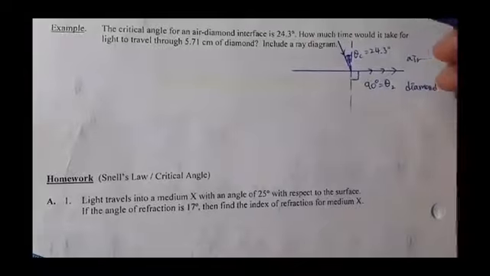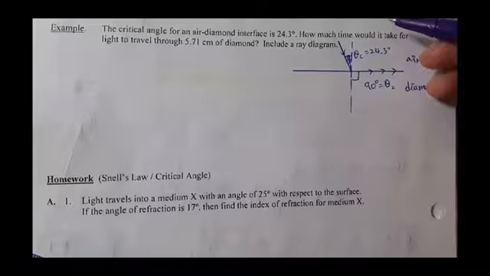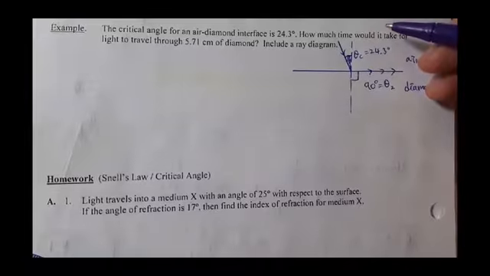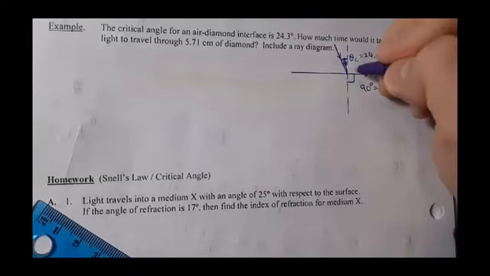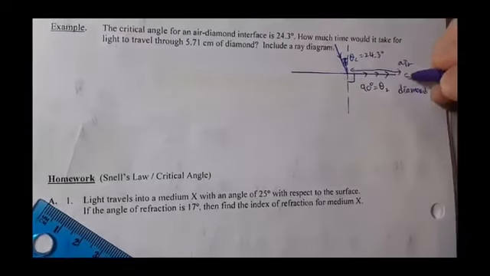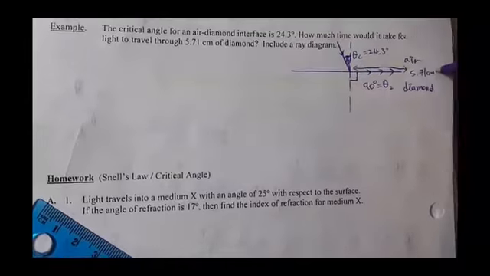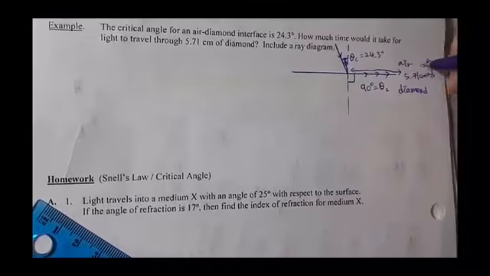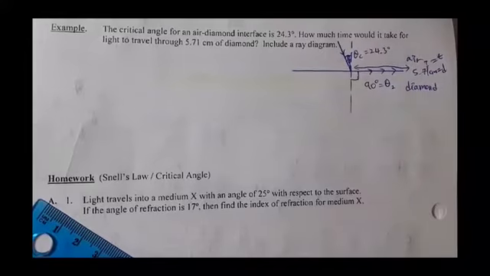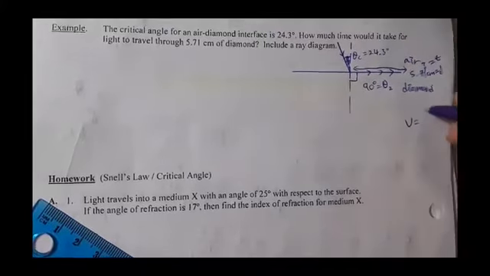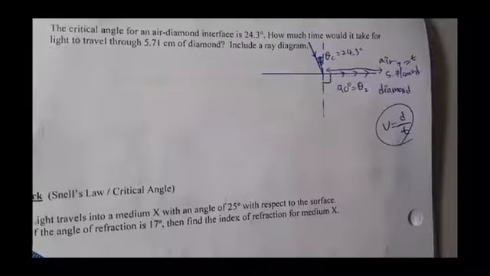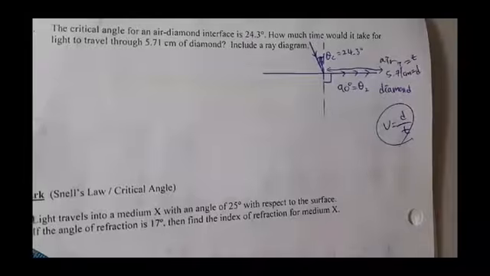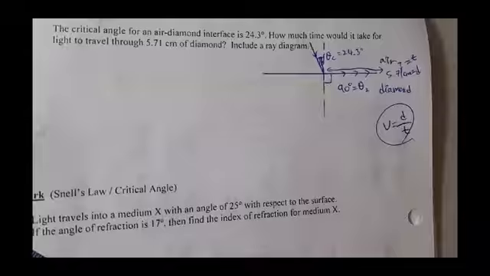Now, how much time does it take for light to travel through a 5.71 centimeter diamond? That means the distance traveled in the diamond is 5.71 centimeters. That's d, and we're asking to find the time. So in the end we need to use our speed inside of the diamond.